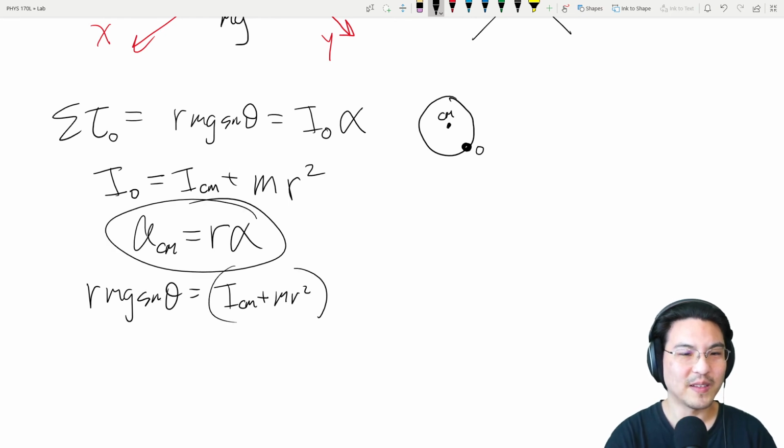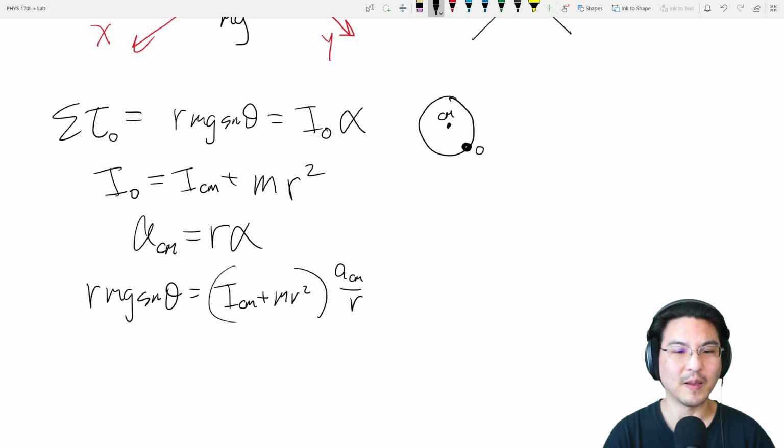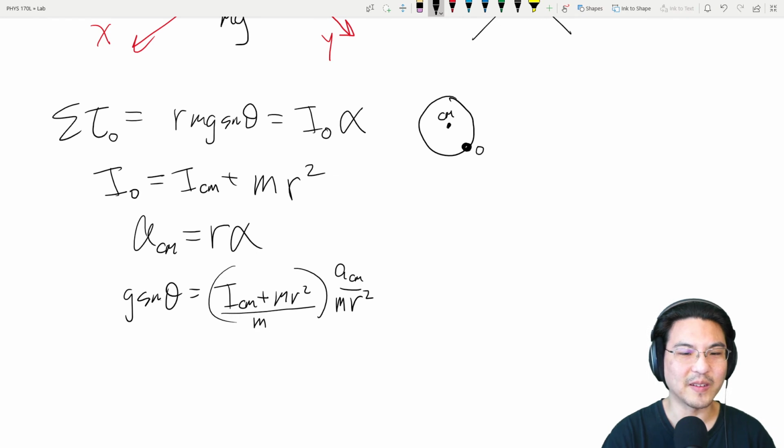And then alpha is a over r. Now let's solve for the acceleration of the center of mass. So let's see, how can we clean this up? I'll just move this mr over here, and then multiply this through over here instead. There.